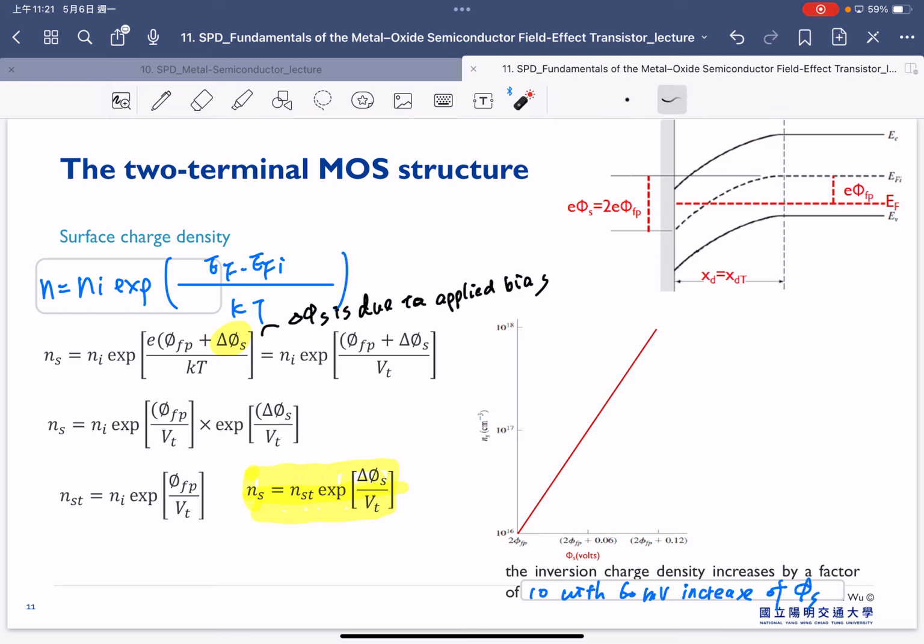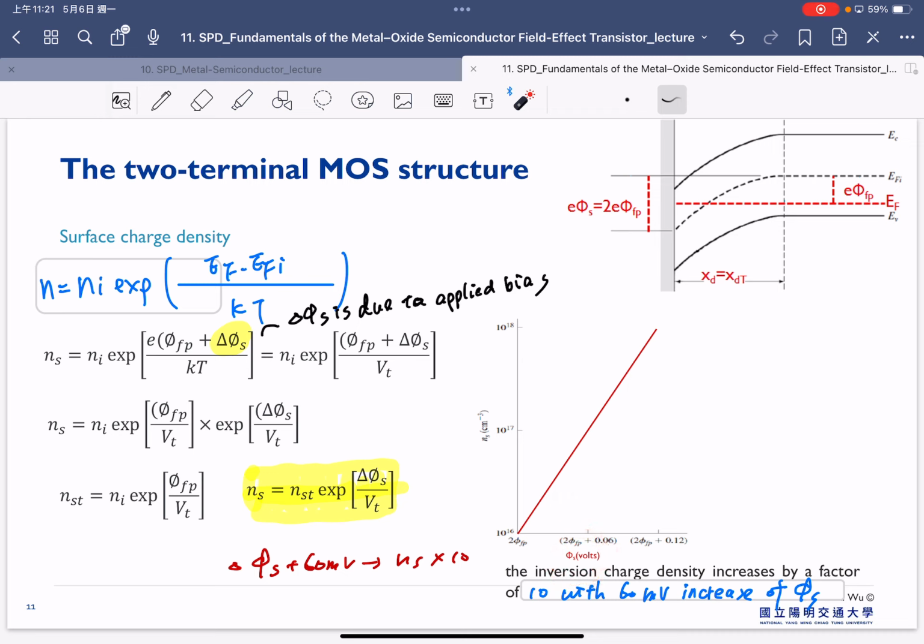So that means if we increase this by 60 millivolt, our N_S will increase 10 times. And if you try to plot, this is N_S versus phi_S.